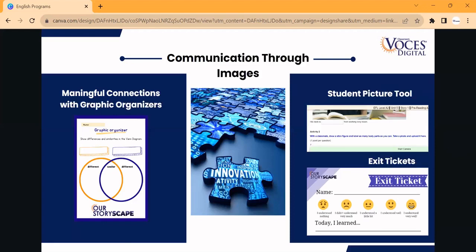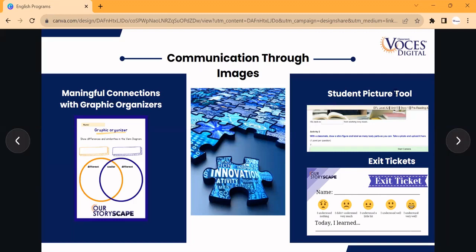So we also have different images that we use to support communication through images. You will find as part of the teacher resources, our graphic organizers to work with your students and use them to show what is similar and different, culturally in different ways, or specific concepts that you want to highlight.